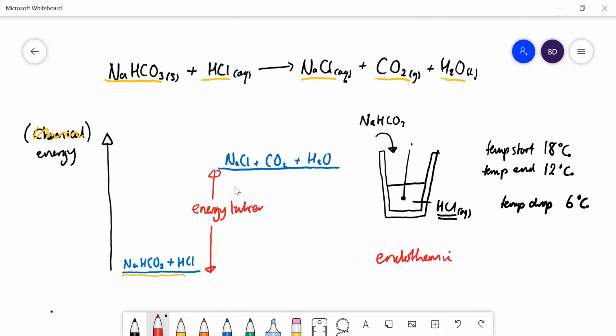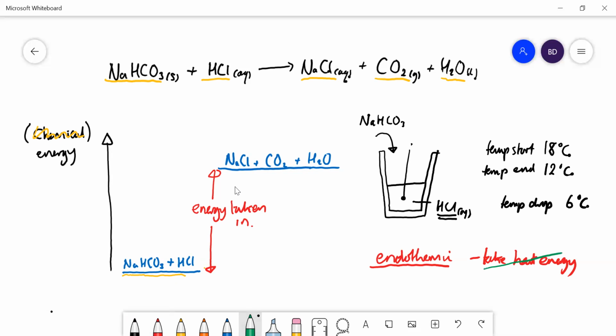Can I just say one thing before I finish? About 1 in 5 people get a bit mixed up with endothermic. We say it takes heat energy in, so they think it should get hot, but it doesn't do that, and that's not the best way of saying it.